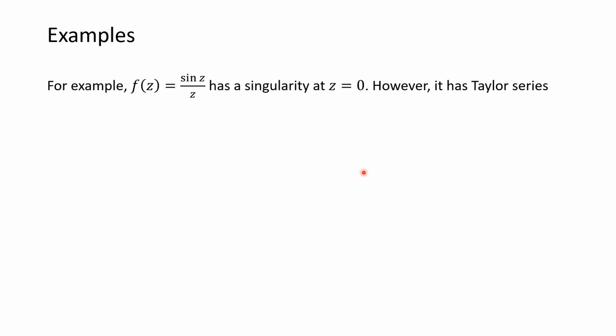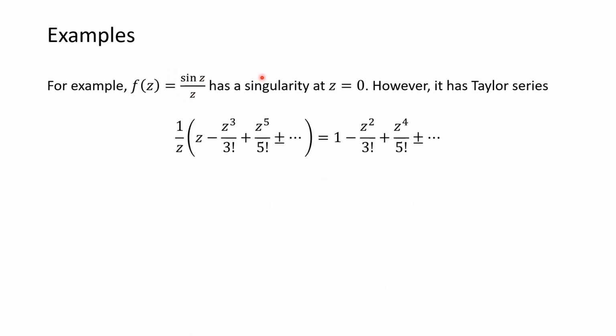Okay, some examples. So we saw this function before, sine z over z, that has a singularity at z equals 0. This blows up there, so the function is not defined. And if we expand sine z in terms of the Taylor series, or I guess Maclaurin is the proper term, and then multiply by 1 over z, we get this expansion.